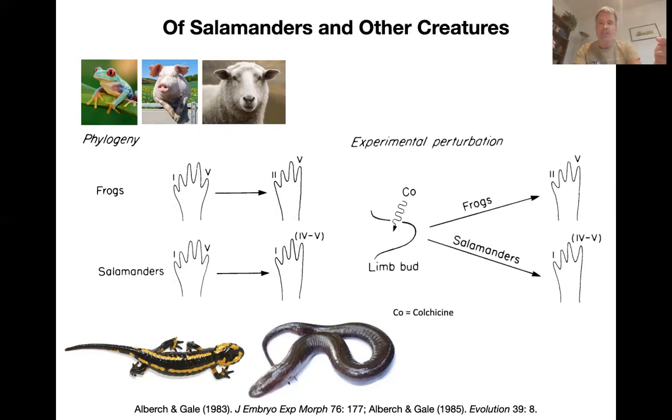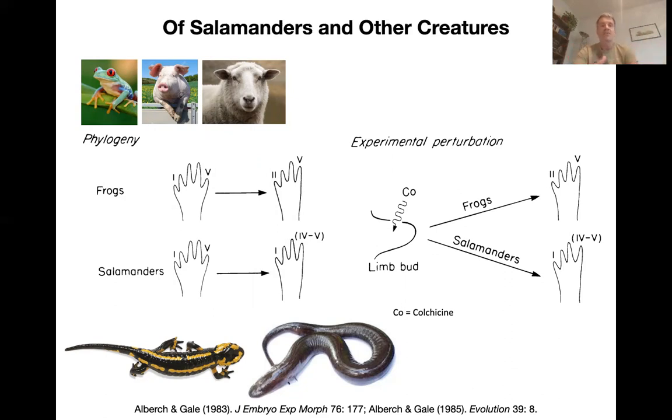What's really interesting is that if you perturb those digits in a species experimentally, you'll see exactly the same sequence. So if you perturb development of salamanders, okay, what goes first is the 5th or the 4th digit and so on. And the last one remaining is number 1.